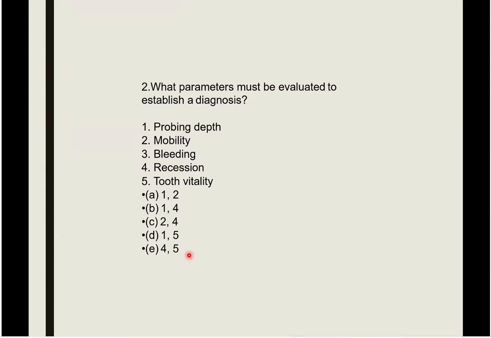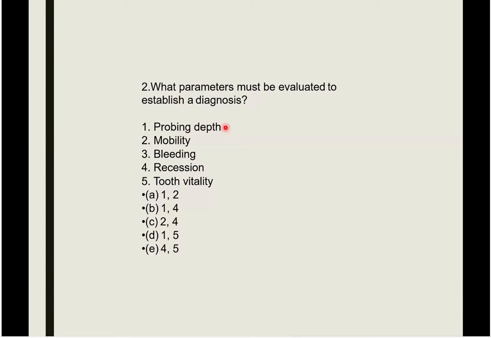Okay. Then the next part of that was, well, what do you need to make the diagnosis? And I'm hopeful that what you actually need, it was supposed to highlight it, but hopefully you need probing depth, because if you want to know if it's periodontal or endodontic, you want to probe around the tooth to determine if you see a particular probing pattern where you have a precipitous drop or a gradual or generalized probing pattern.